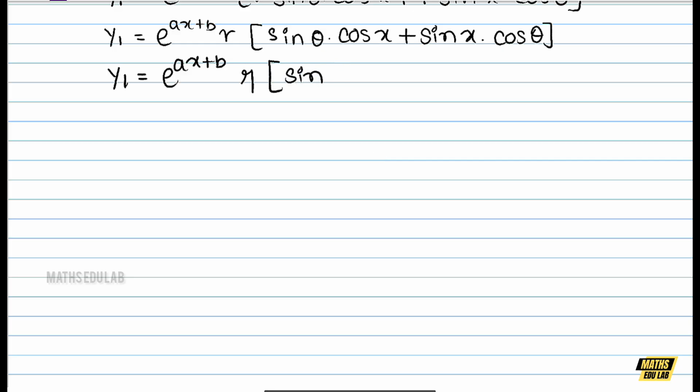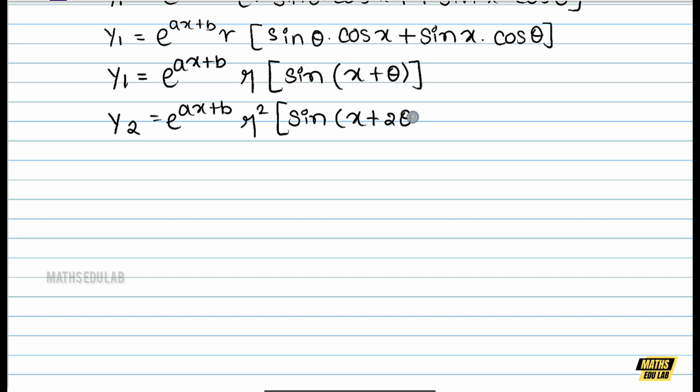Here x is our a value and b is our theta value, so sine a plus b form. For that, the next derivative can be written as e to the power of ax plus b r square and then sine x plus 2 theta.